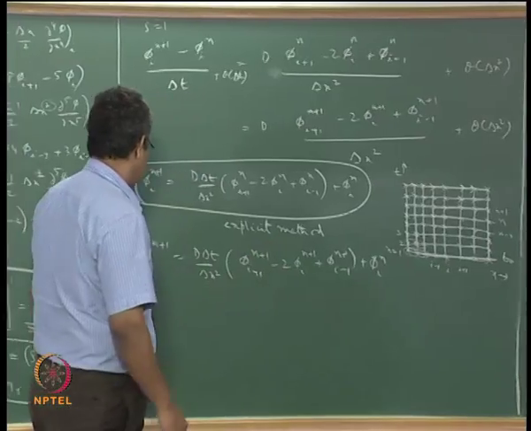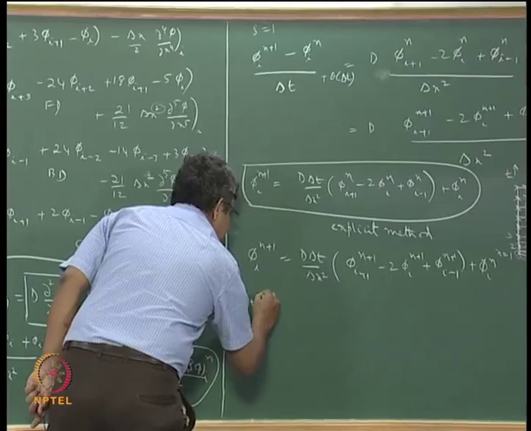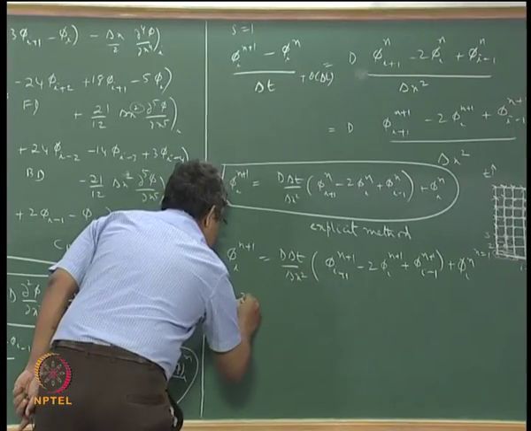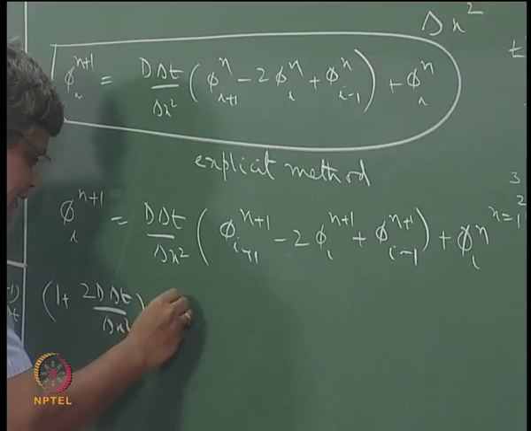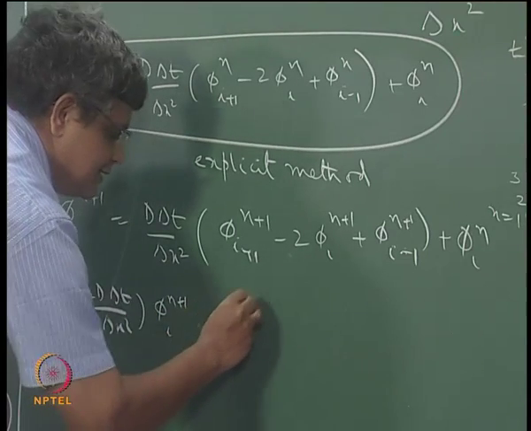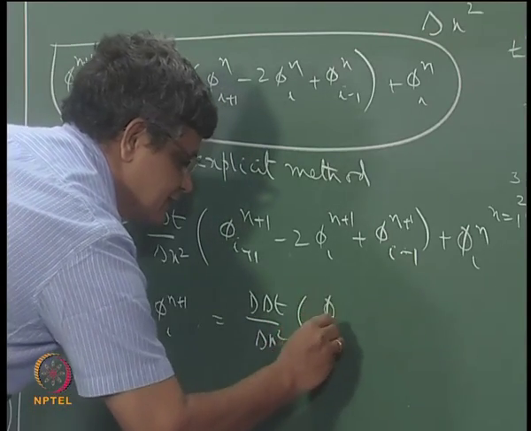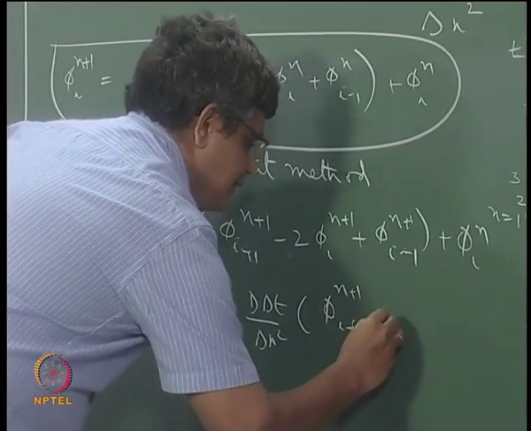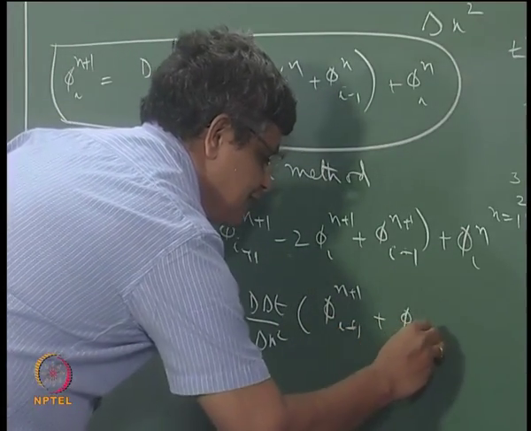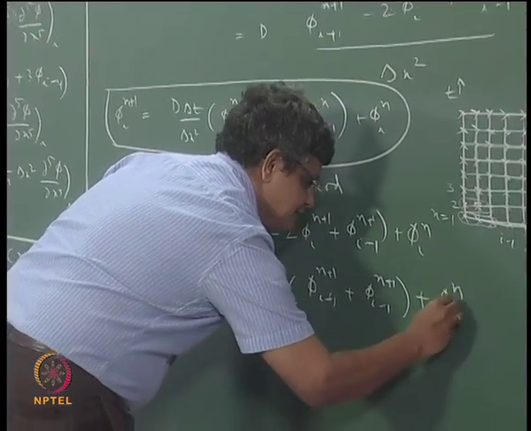So we can bring this onto this side, and we can write this as 1 plus 2 d delta t by delta x square times phi I n plus 1 is equal to d delta t by delta x square times phi I plus 1 n plus 1 plus phi I minus 1 n plus 1 plus phi I n.